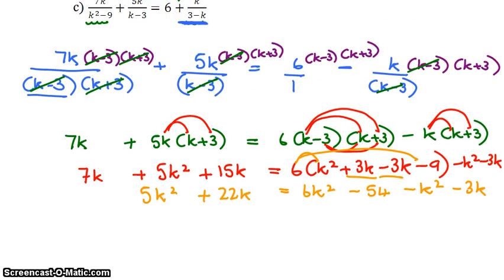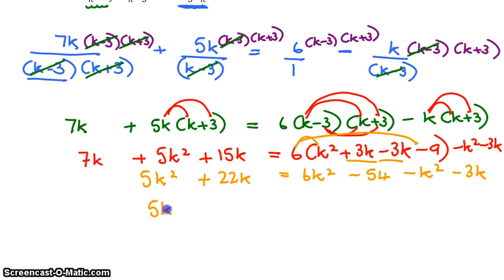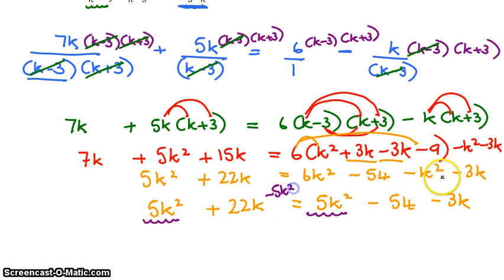Now we still have like terms on the one side, so let me keep on going. 22k equals 6k squared minus k squared gives me 5k squared, minus 54 minus 3k. Now again, this isn't going to be quadratic because there's 5k squared and 5k squared, but if I minus 5k squareds on both sides, they're both going to disappear.